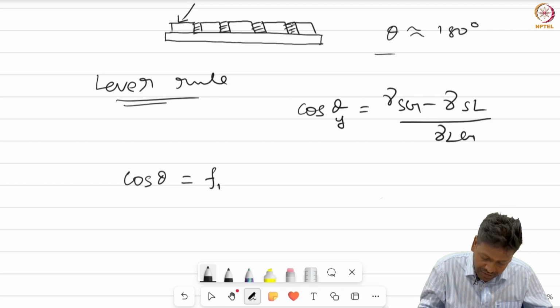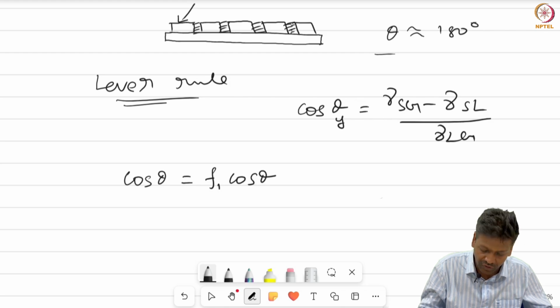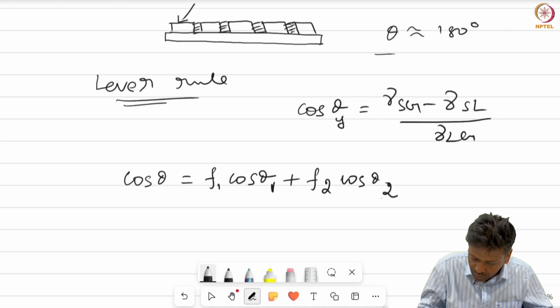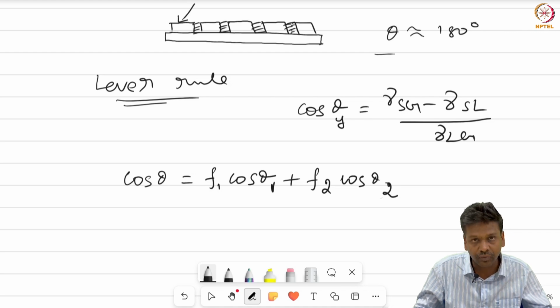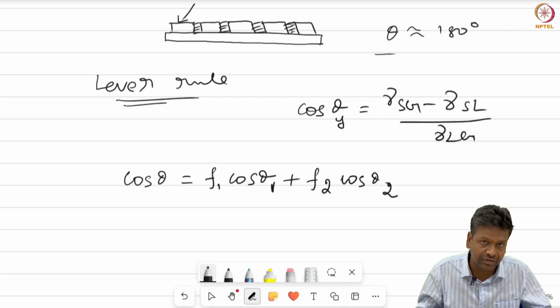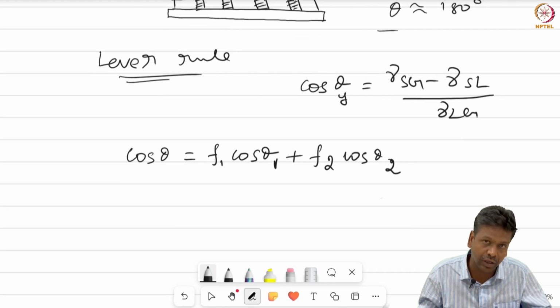So the fraction of type 1 molecule is F1 multiplied by cos theta 1, because this theta corresponds to the type 1 surface. Then you can say F2 cos theta 2, because for brevity we are only considering two kinds of surfaces. One is the air pocket itself, another one is a type 1 surface.